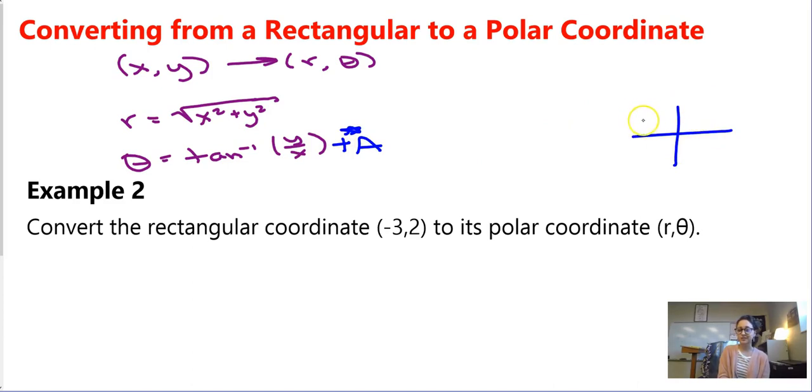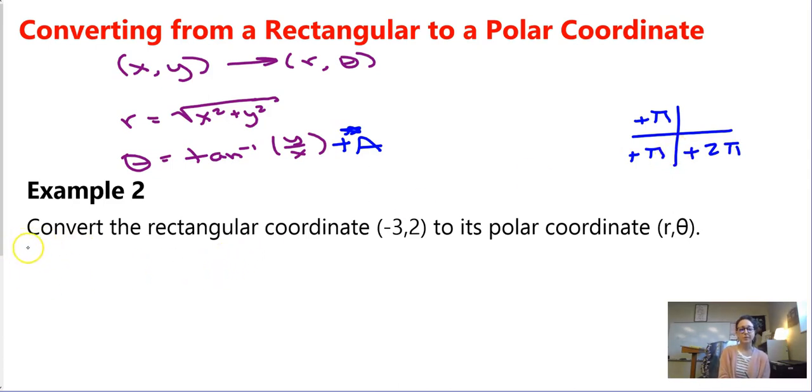In quadrant 2, you need to add 180 degrees, also known as pi if you're in radians. Same in quadrant 3, and in quadrant 4, to adjust you need to add 360 degrees, which would be 2 pi in radians. So if you're using a calculator, you are going to have to adjust based on what quadrant you're in, because your calculator does not know the quadrant. It's going to assume an acute angle.